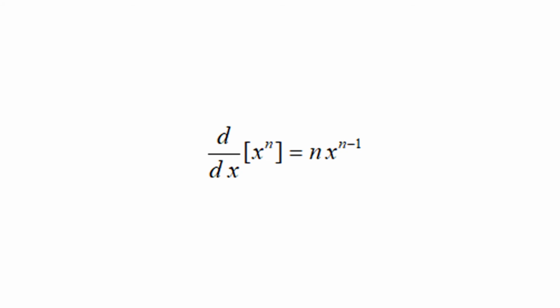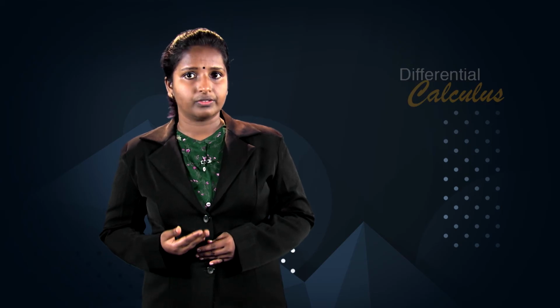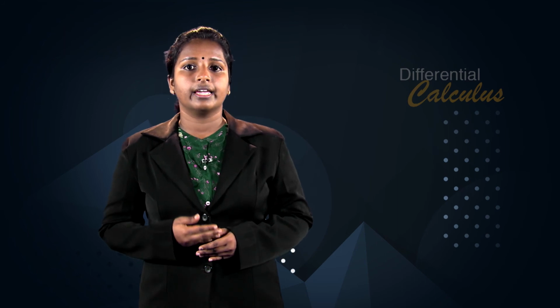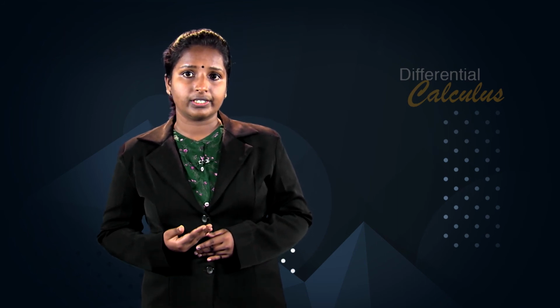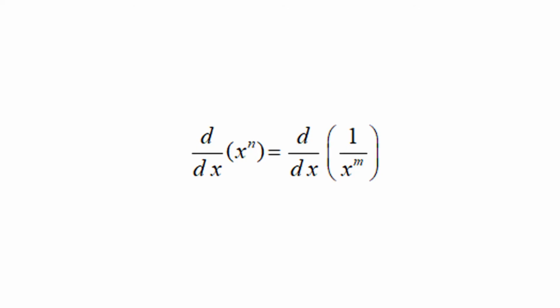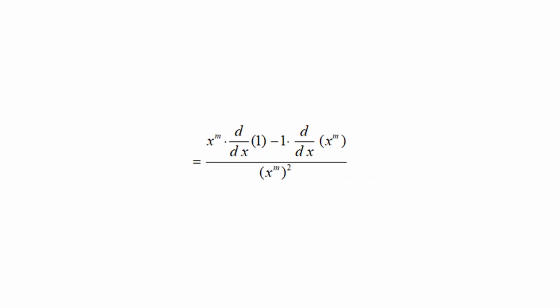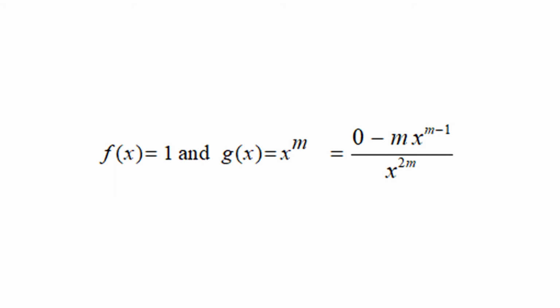If n is a negative integer, then n equals negative m, where m is a positive integer. Hence, xⁿ equals x⁻ᵐ equals 1/xᵐ, and d/dx of xⁿ equals d/dx of 1/xᵐ, which is equal to [xᵐ d/dx(1) minus 1 d/dx(xᵐ)] upon (xᵐ)², using the quotient rule with f(x) = 1 and g(x) = xᵐ, which is equal to (0 minus m xᵐ⁻¹) upon x²ᵐ.